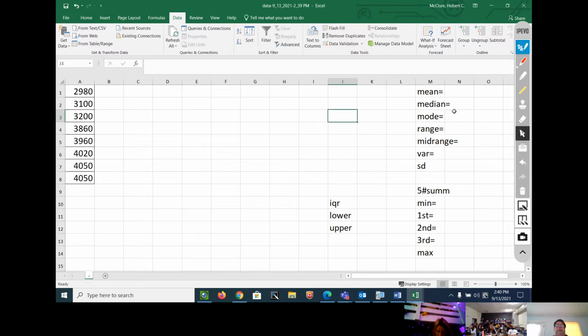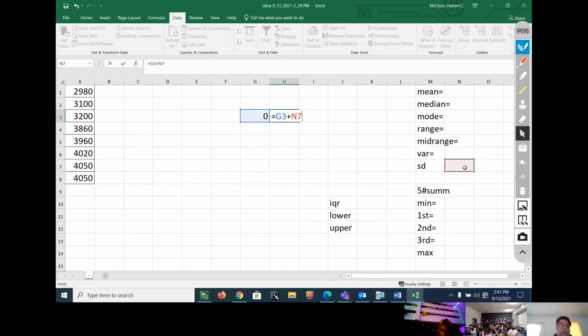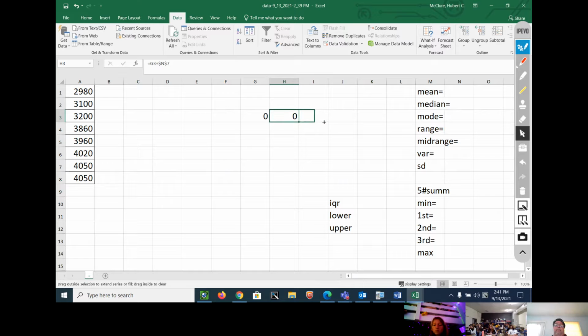Go ahead and do the empirical rule. It's the mean. And I'm going to add mean plus the standard deviation. F4. 2 times on the right.